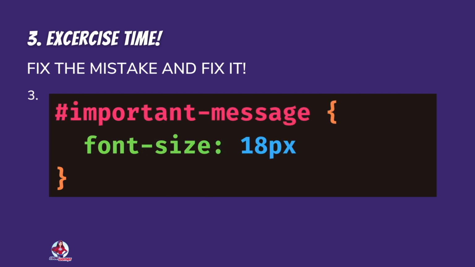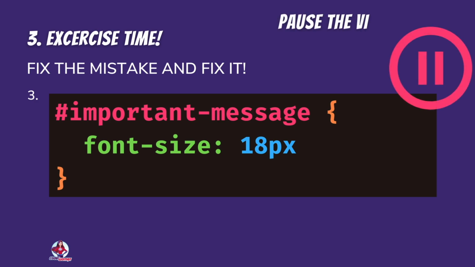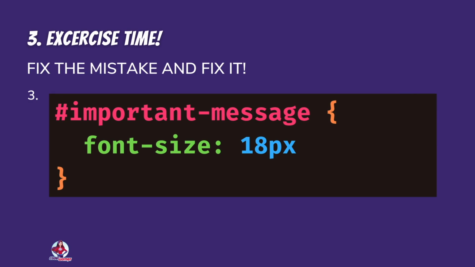The following code should make the paragraph's font size with the ID important message 18 pixels, but it's not working. Please pause the video, find the mistake, and fix it. What's the solution this time?